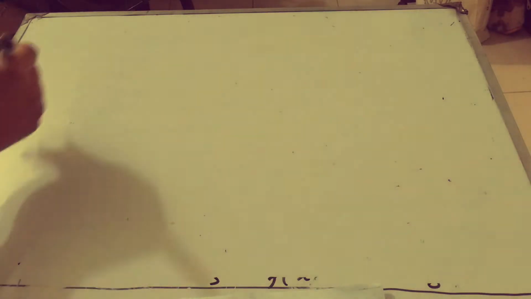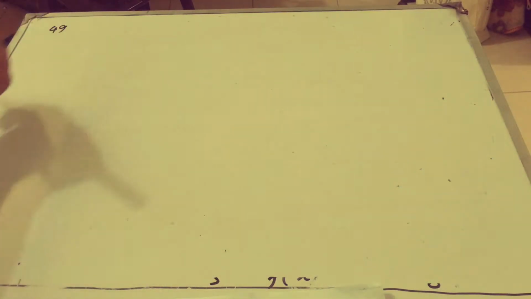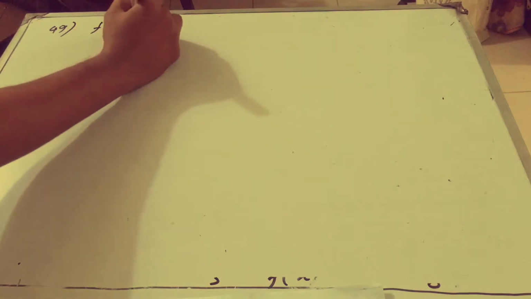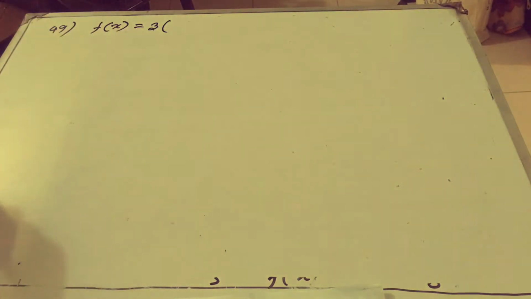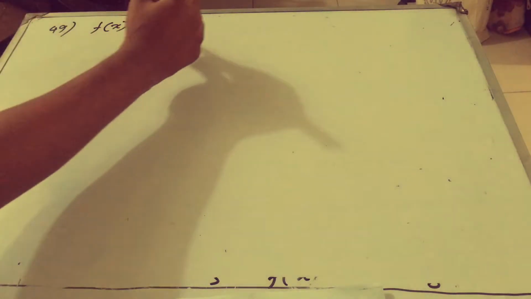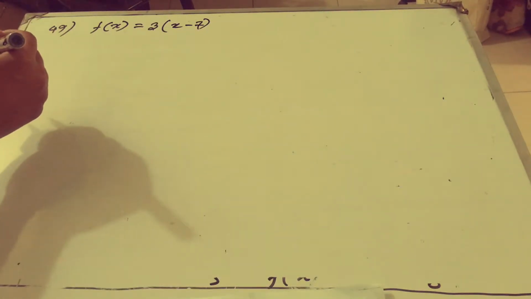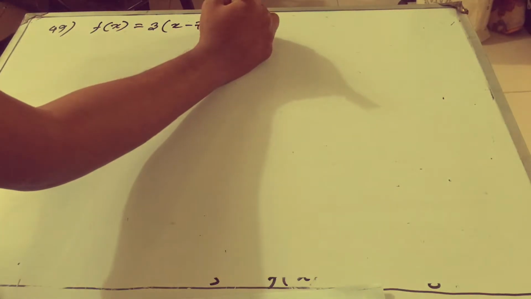So the number 49 question is f(x) equals 3 times (x minus 7) times (x plus 3) whole squared.